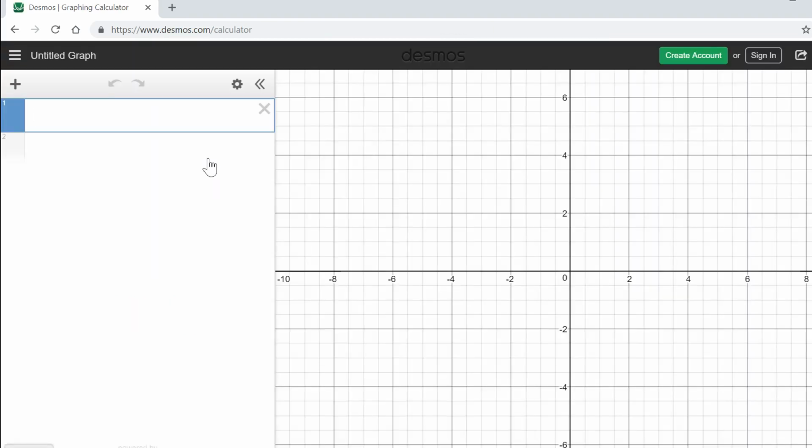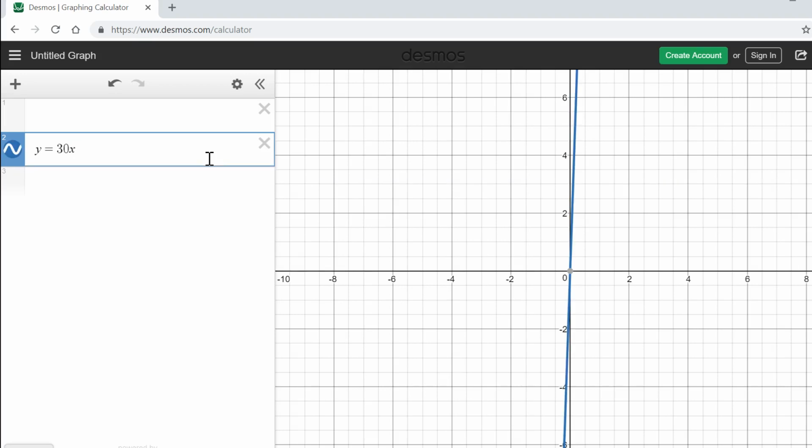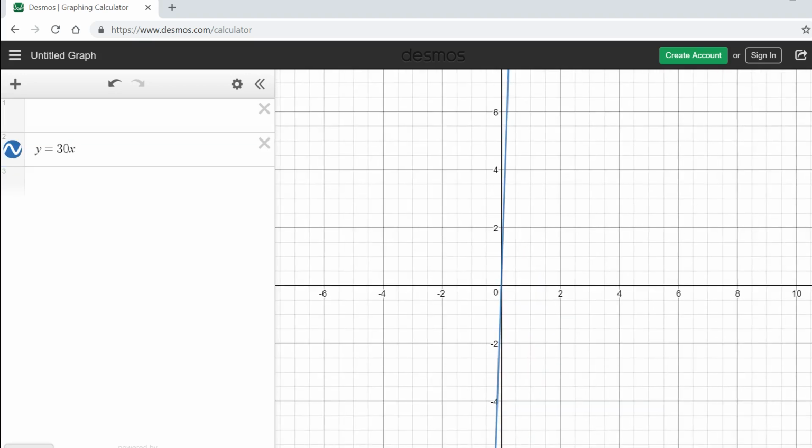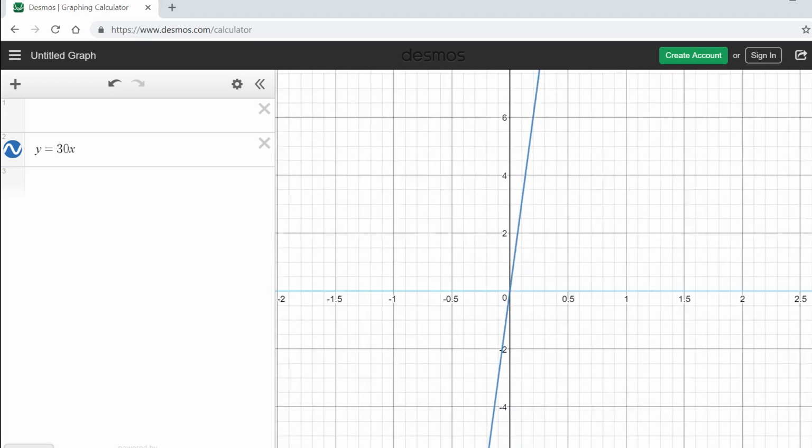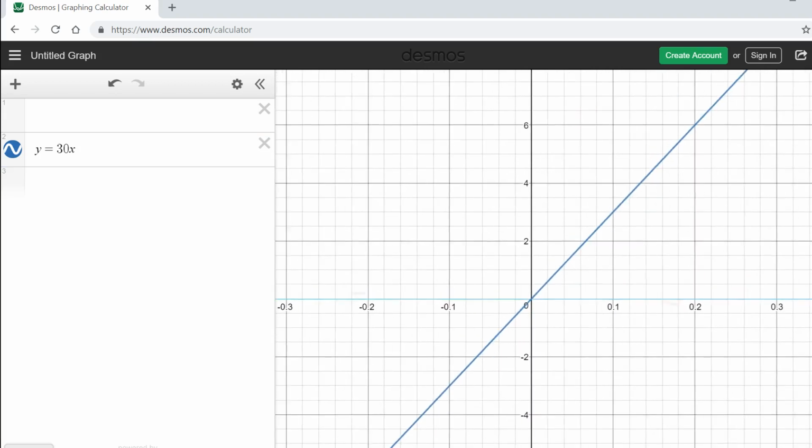So we're not going to be typing in x equals vt plus x0. We're still going to put it into that y equals mx plus b form, so the first car, in y equals mx plus b form, y is equal to 30x. And you see right away we get a graph there, and it looks pretty steep. So we can play around with the axes and make it look a little bit better.